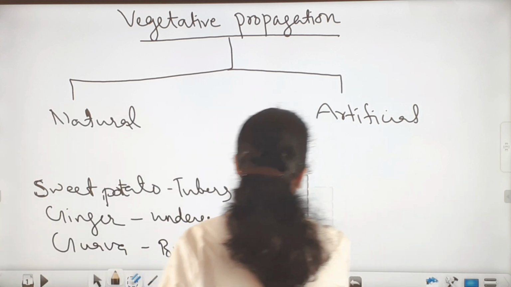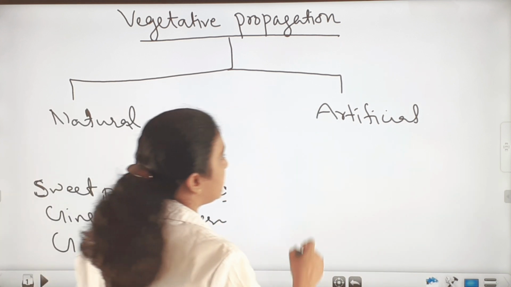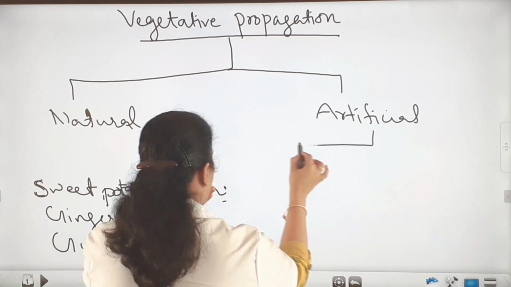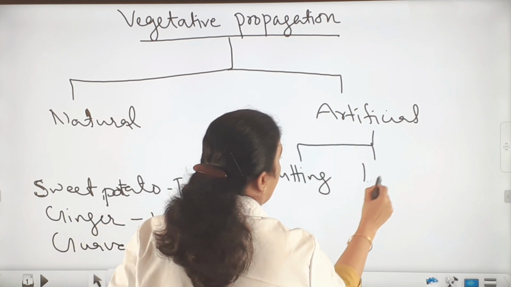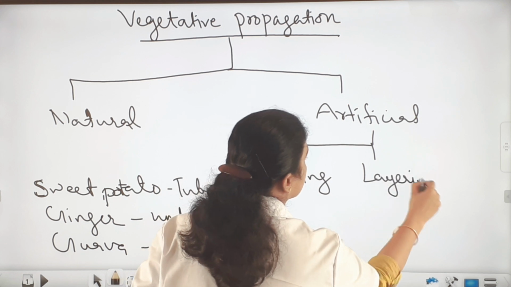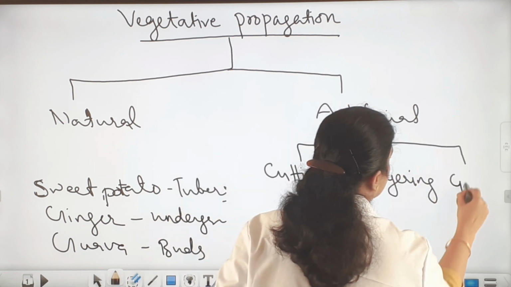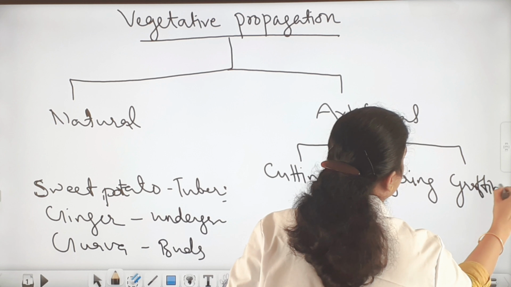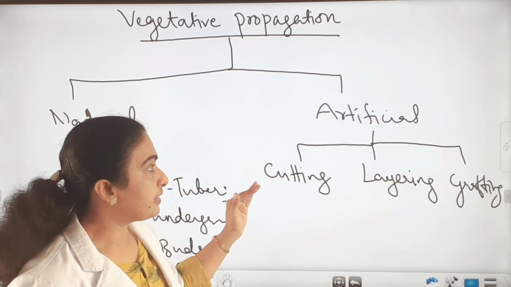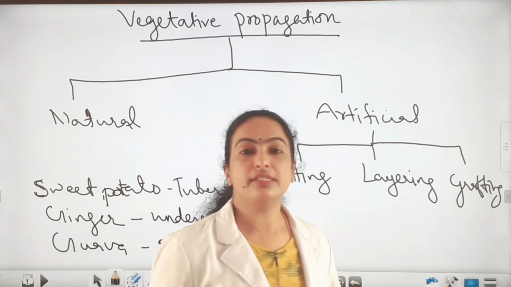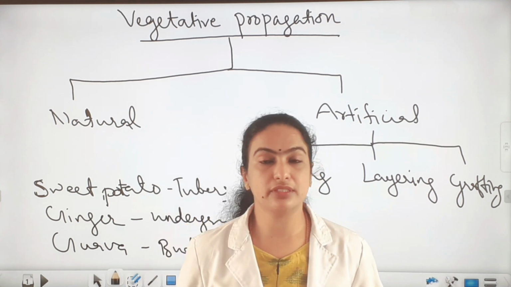Next we can see artificial vegetative propagation, which can be done by cutting, layering and grafting. These are the different methods of artificial vegetative propagation, and you already learned these three types in lower classes.